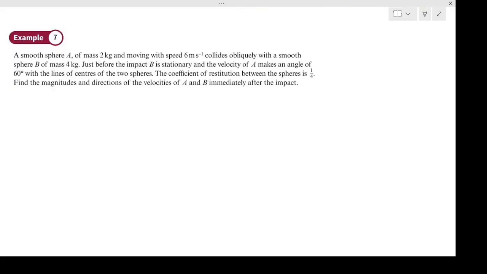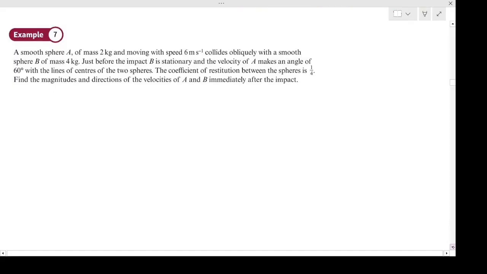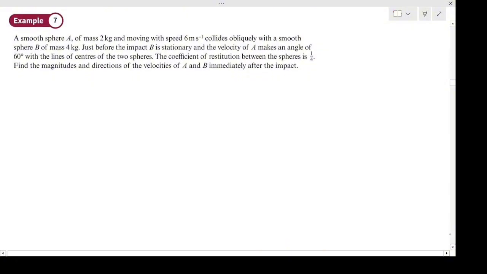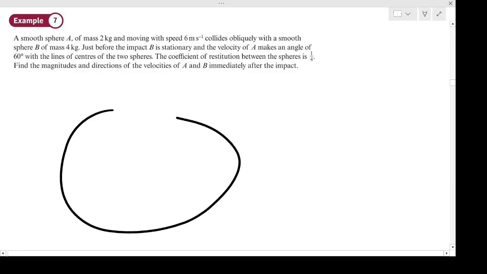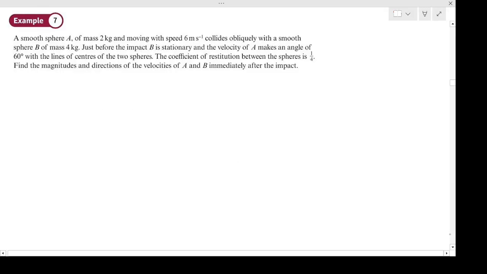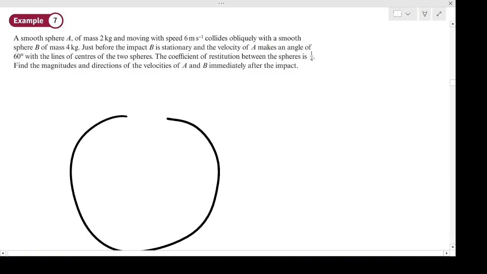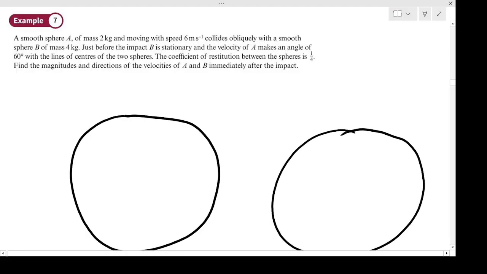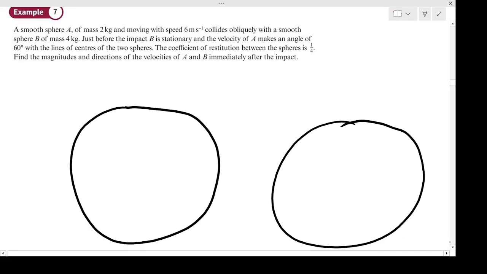Okay, so we're obviously going to need to draw a diagram for ourselves. So what I'm going to do again is just draw 2 fat circles like this. Okay, something a bit more circular like that. There we are. Okay, right, so let's look at A first. So let's draw our line of centres, a line in the middle like that.